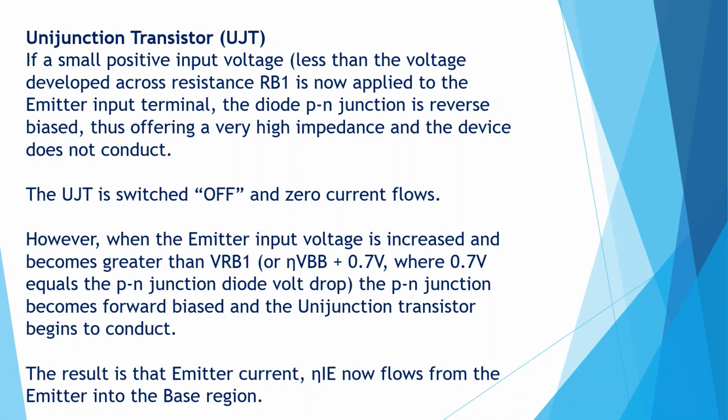The result is that the emitter current IE now flows from the emitter into the base region, and we say that the unijunction transistor is in the on state, or it has been fired on.